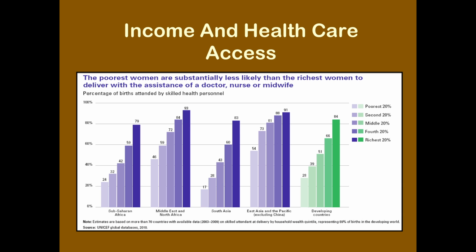Similarly to children, for women, income and access to maternal health services are highly correlated with wealth. We see sub-Saharan Africa on the far left, developing countries on the far right, in the green, and we see that a woman who lives in the lowest quintile by wealth is far less likely to deliver her baby in the presence of a skilled birth attendant.